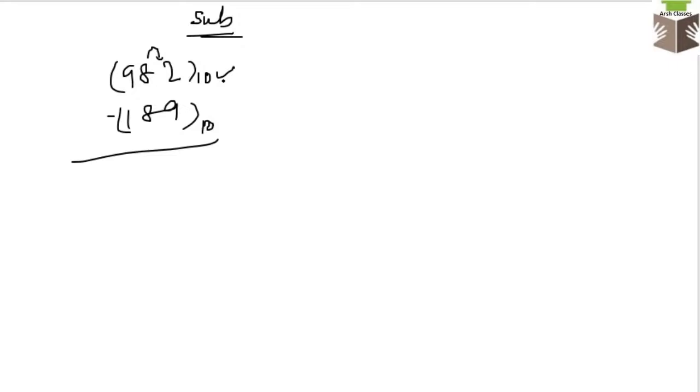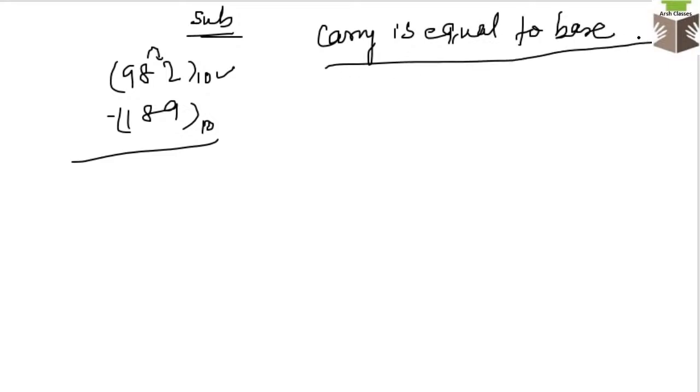Because the base we are using is 10. If the base is something else, let us say 9, 8 or 7, the carry will be equal to the base, guys. You just need to keep this in mind. The carry is always equal to the base. So let me write here that carry is equal to base, always, whether the base is 10 or any other number.